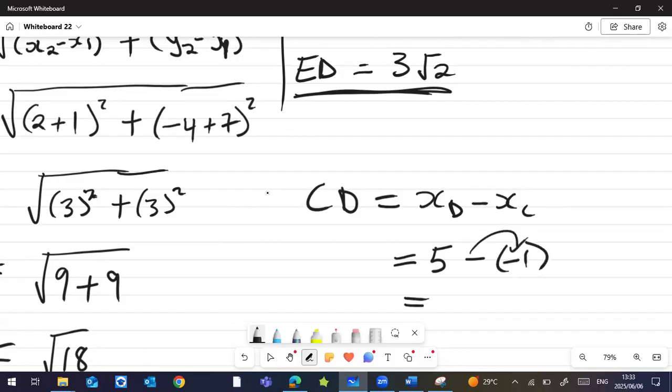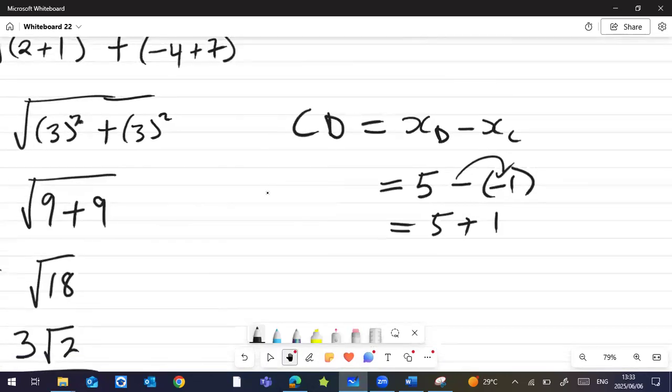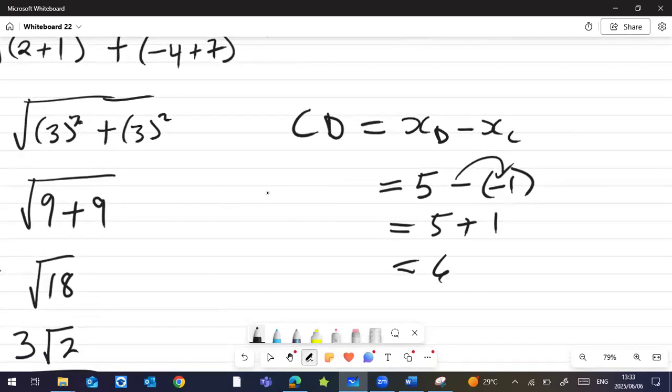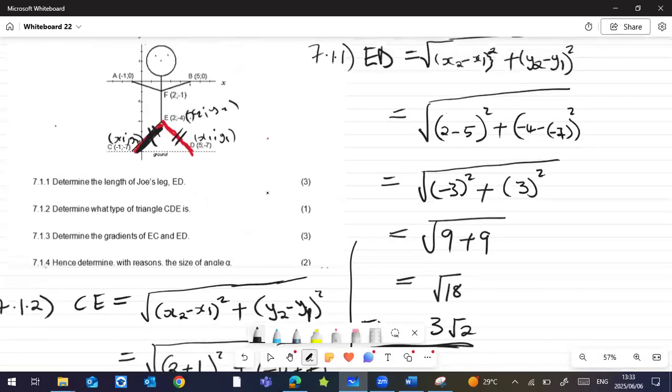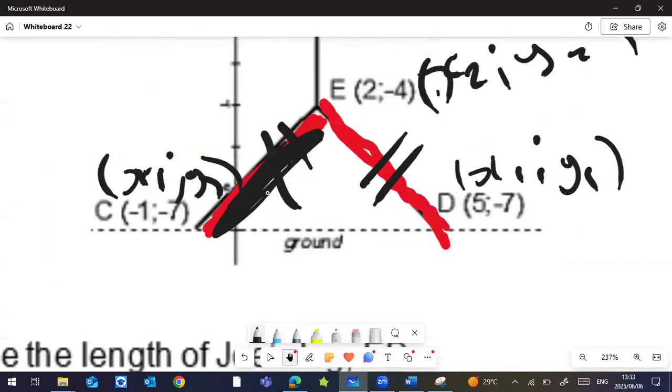This times this is positive. It ends up being 5 plus 1, negative times negative. So CD will then be equal to 6. Now what we have discovered in this diagram is that CE is 3 square root 2. Even ED is 3 square root 2.